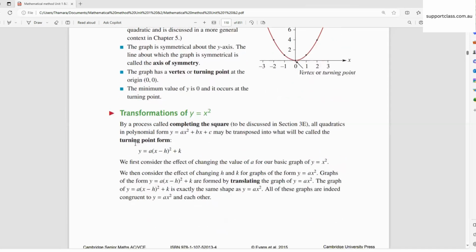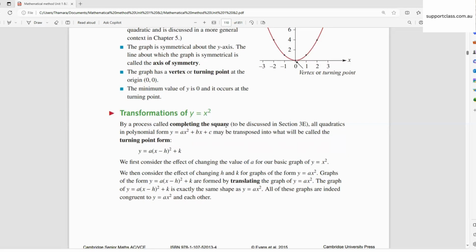As the book mentioned, by the way, this is the Cambridge VCE Units 1 and 2 book, which is the recommended book for VCE students in Victoria.